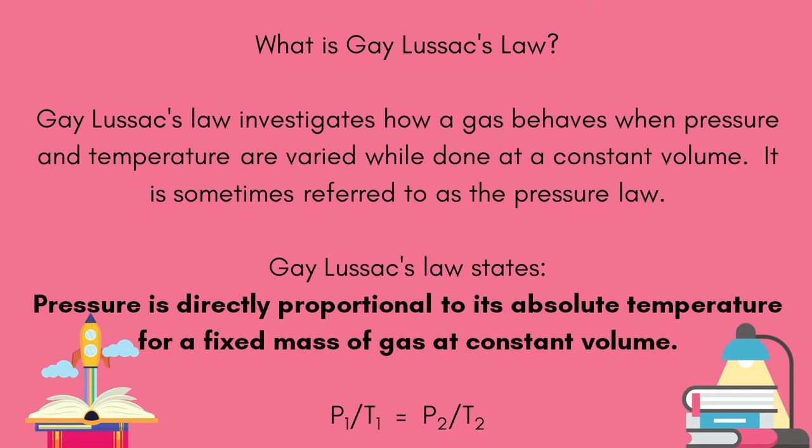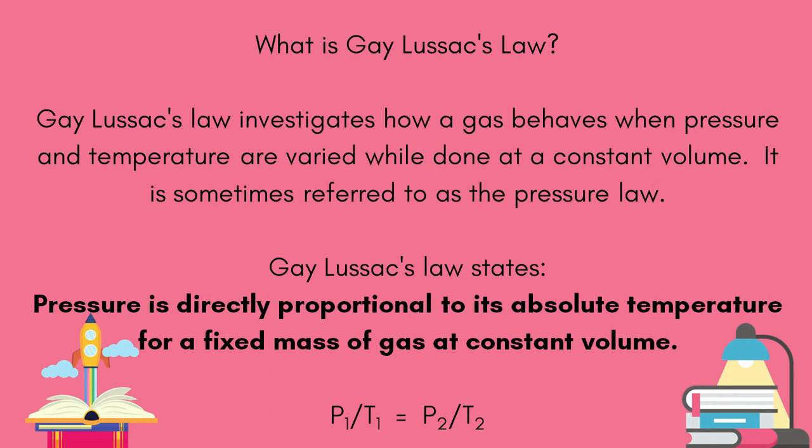What is Gay-Lussac's law? Gay-Lussac's law investigates how a gas behaves when pressure and temperature are varied while done at a constant volume. It is sometimes referred to as the pressure law. Gay-Lussac's law states that pressure is directly proportional to its absolute temperature for a fixed mass of gas at constant volume.